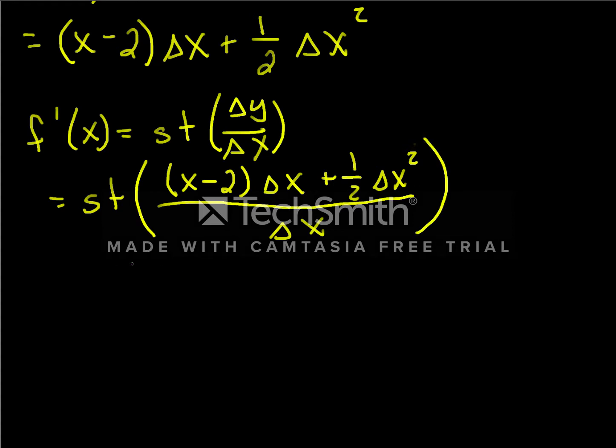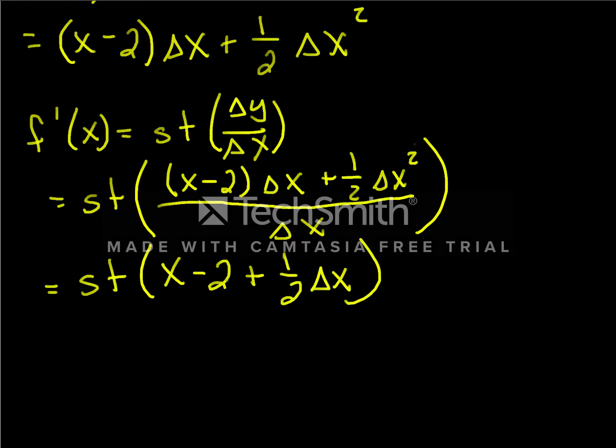Now we've got delta x's everywhere, so they cancel. So this is the standard part of x minus 2 plus 1/2 delta x. Now x and 2 are real numbers, and delta x times 1/2 is an infinitesimal, so I get left behind that f prime is equal to x minus 2.